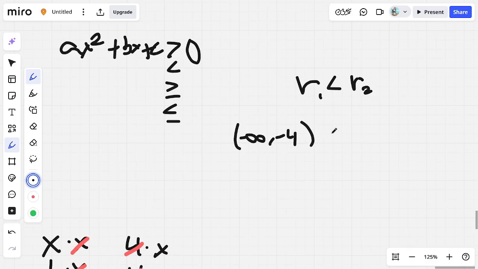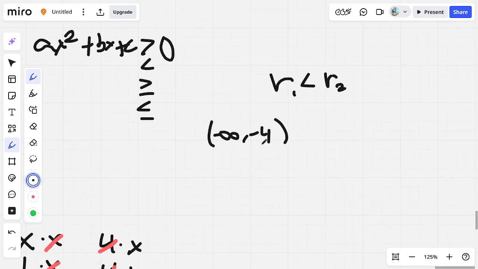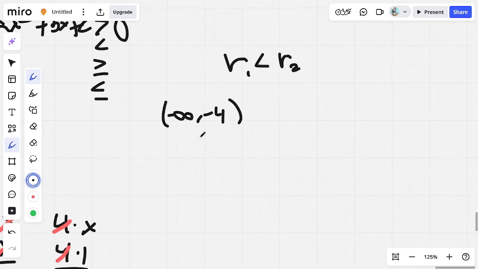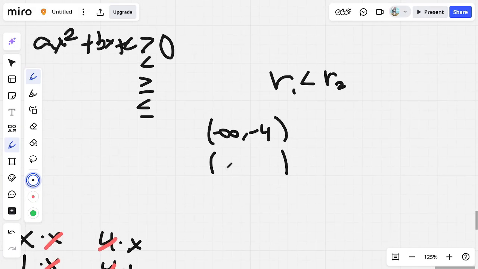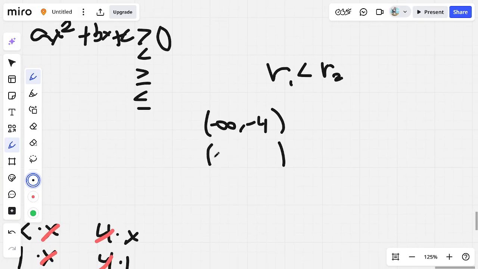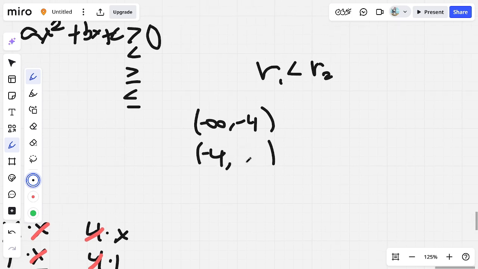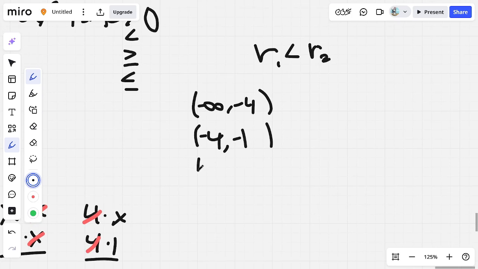Since -4 is smaller than -1, that's our r sub 1. Since it's greater than, we use parentheses. So we have -4 as r sub 1, and then r sub 2 is -1, up to infinity.